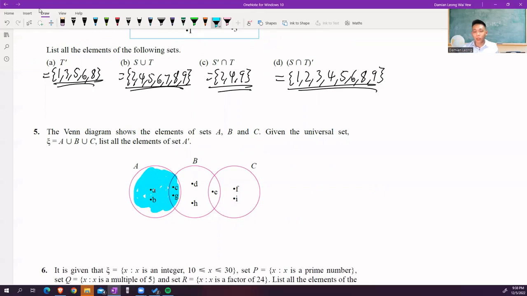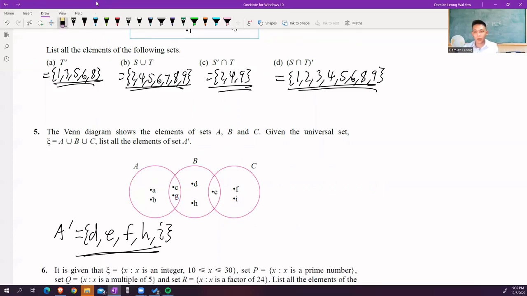Complement is everything outside of it, everything except A, B, C, G. So A complement would be D, E, F, H, I. These 5 elements. That's question 5.